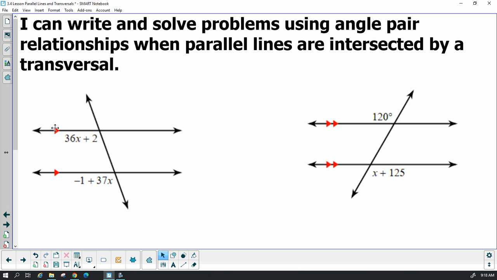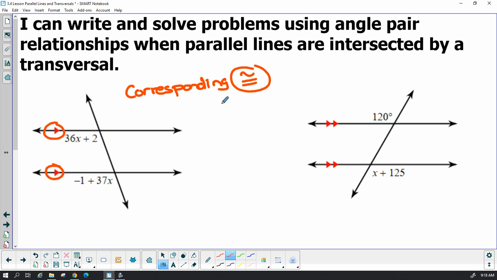So you can see here I have 2 parallel lines as indicated by my red arrows. And so I need to first identify the angle pair. These are corresponding angles. If you don't pick up on why right away, please do ask for help. From a little bit earlier in this lesson, corresponding angles are those angle pairs that are congruent, which means they're equal.